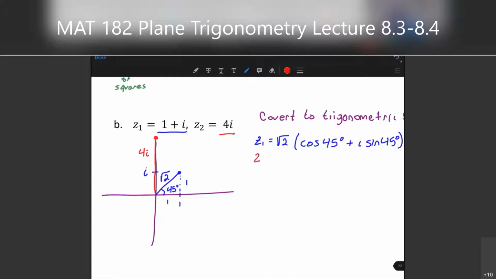So Z2, we could say that's got a modulus of 4. And what would be the argument for Z2? Argument would be, yep, very good, 90 degrees. And there we go.